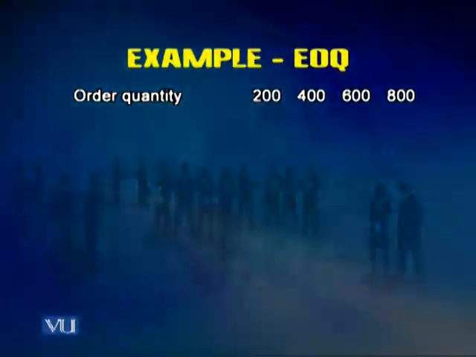We are now going to examine the total cost of inventory by using different order sizes. So we have used the example where order quantity is 200, that's the first column, then 400, 600, and 800. If these were to be the size of each order, what would be our costs?